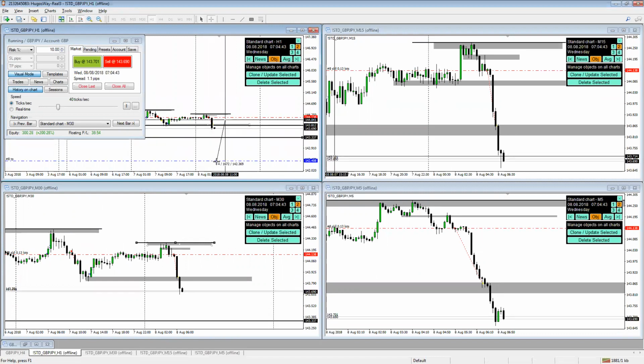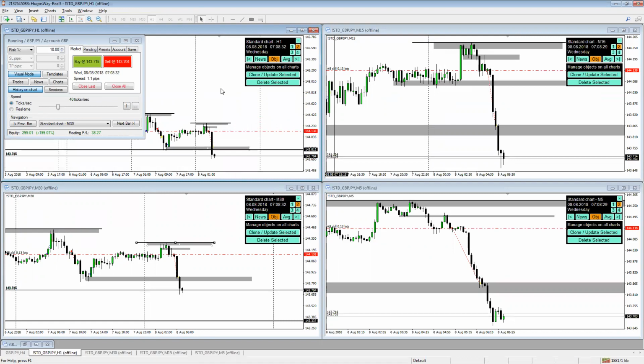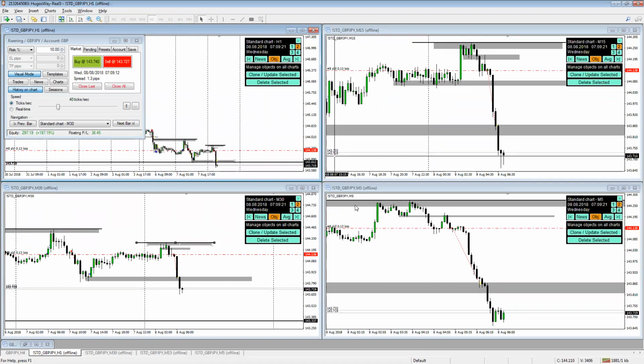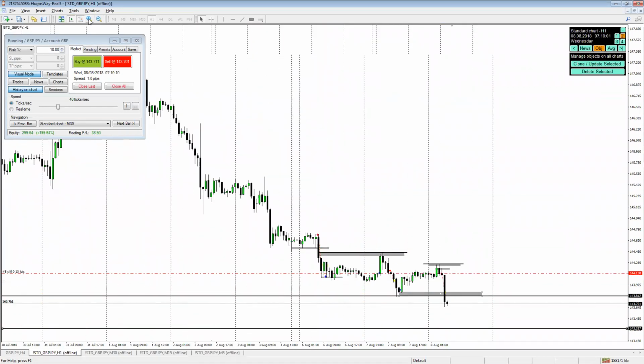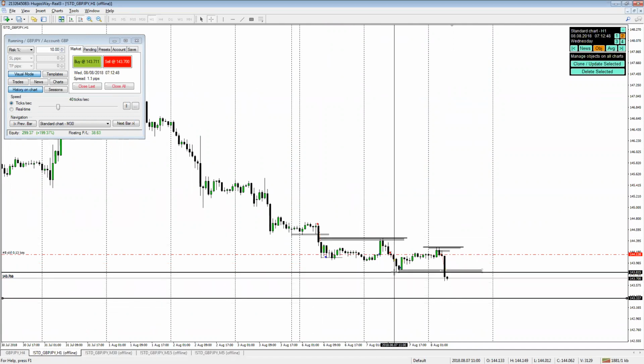Holy shit. I just realized this is 170 pips. That is crazy. Really too much. I think this would be the safer one. 37.